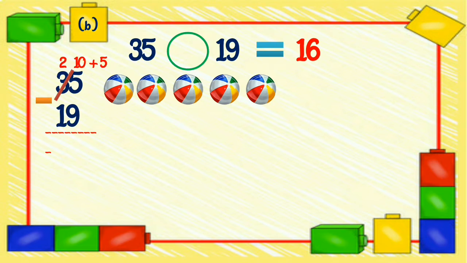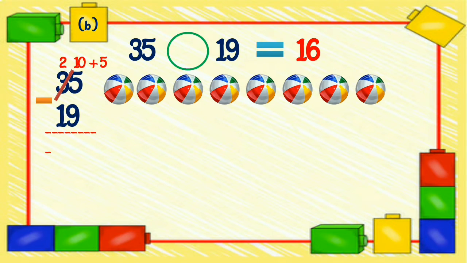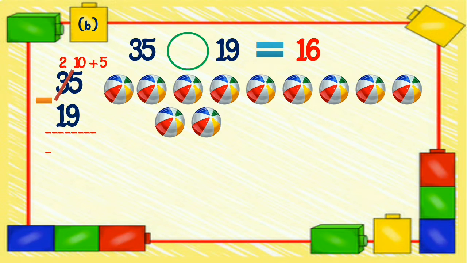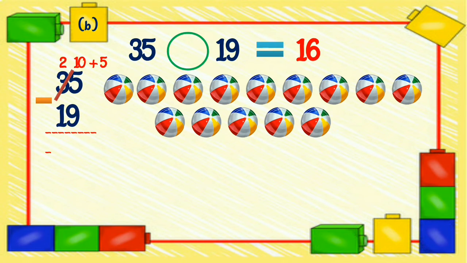Now we have 10 plus 5. We have 5 already, so now we add 10. 1, 2, 3, 4, 5, 6, 7, 8, 9, 10. Okay, so we have 15.